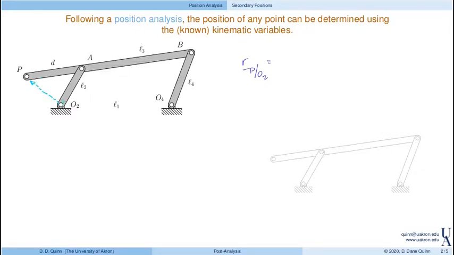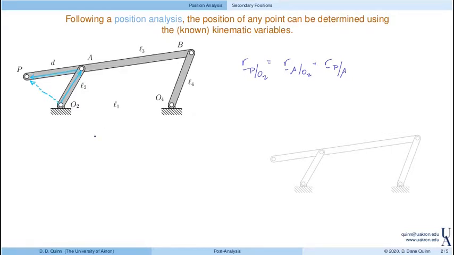The natural way of expressing this, though, is a vector from O2 to A, and then from A to P. So again, that vector position of P with respect to O2, I can write as the position of A with respect to O2, so that's along link 2, and then the position of P with respect to A.